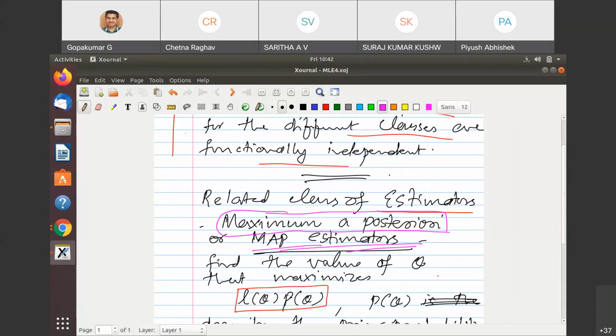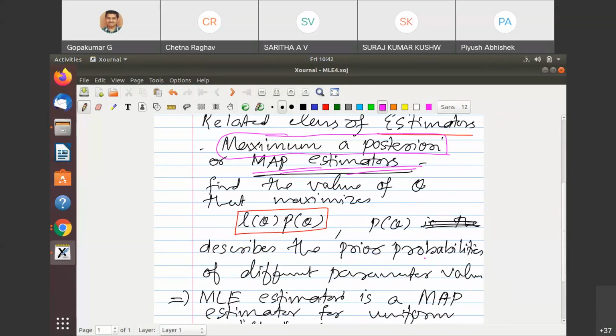It is very close to the MLE, but here we find the value of theta that maximizes L of theta into P of theta. L of theta is the likelihood function that we have discussed, and P of theta is nothing but the prior probability values of theta, that means the prior probability of mu, theta 1, theta 2, etc., depending upon how many parameters are there.